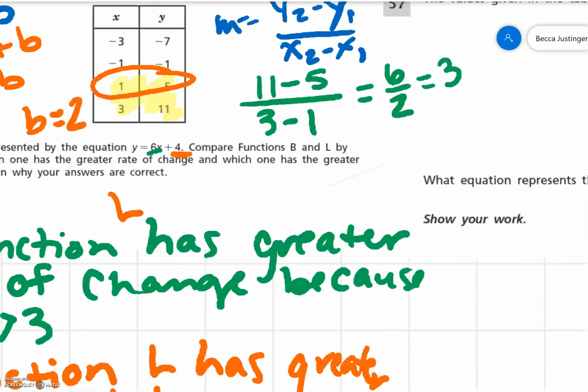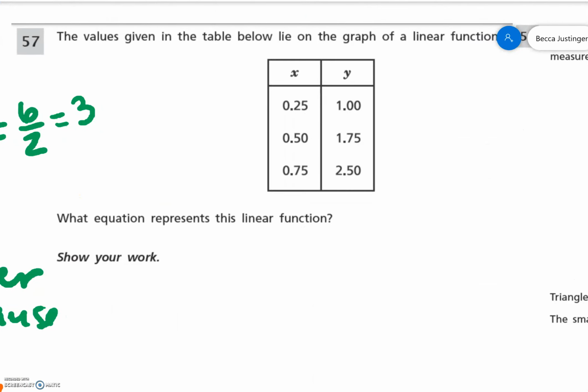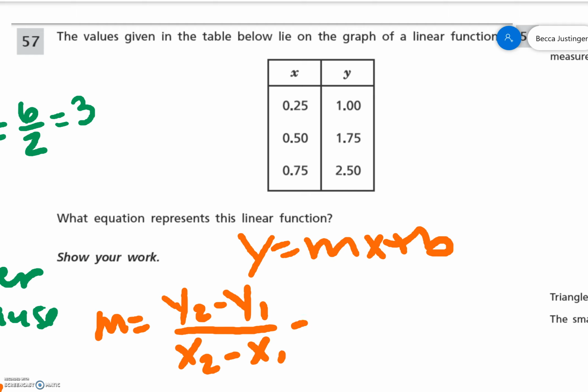Right, next question. The values given in the table below lie on the graph of a linear function. What equation represents this linear function? So we need to find y equals mx plus b. So first let's find m, and we just did this again. So m equals y2 minus y1 over x2 minus x1. Pick any 2 points.